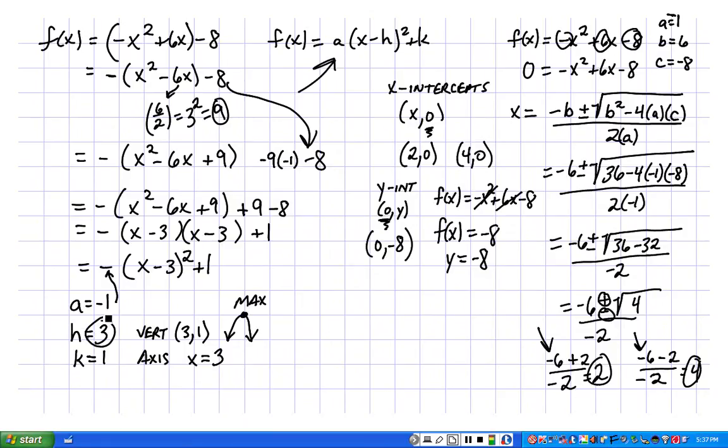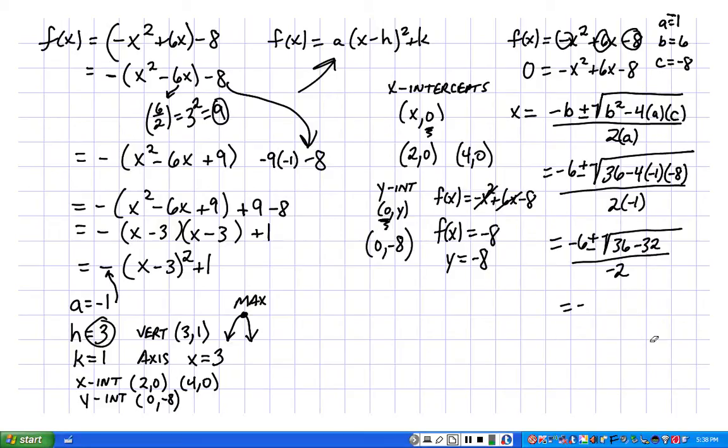So we have our a is negative 1, h is 3, k is 1, axis x equals 3, vertex 3, 1, is a down, and our vertex is a max. We can say our x-intercepts, based on what we just found, are 2, 0, and 4, 0, and our y-intercept is 0, negative 8.